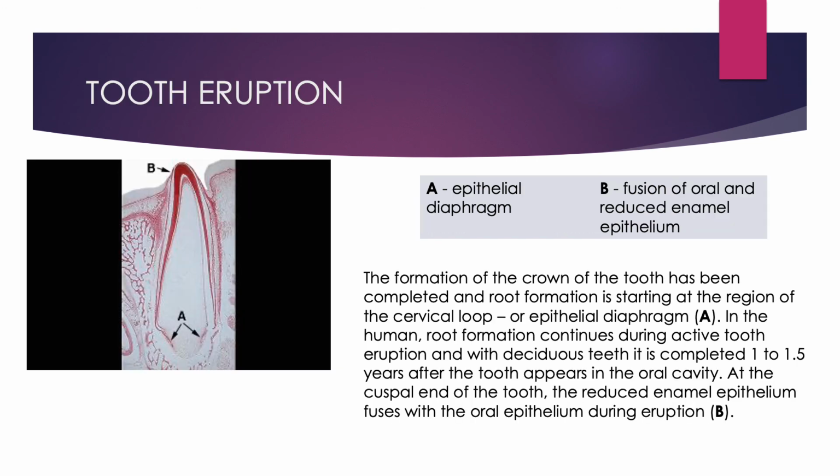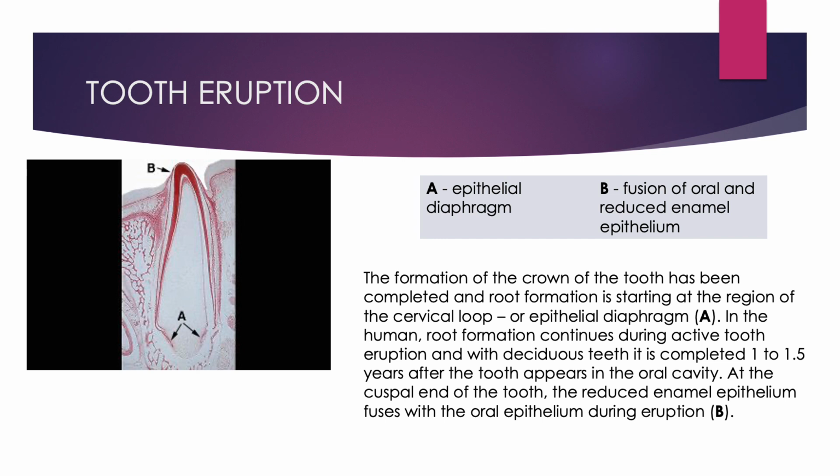This is a photomicrograph of an erupting tooth. The formation of the crown of the tooth has been completed, and root formation is starting at the region of the cervical loop or epithelial diaphragm. In the human, root formation continues during active tooth eruption with deciduous teeth.